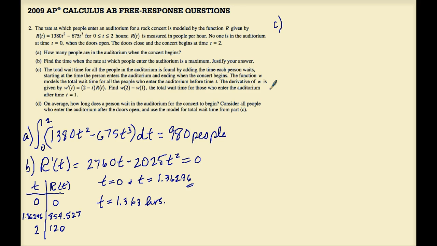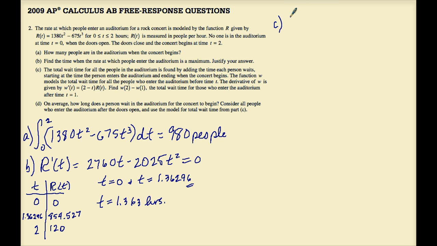The derivative of W is given by W prime of t equals the quantity 2 minus t times r of t. Find W of 2 minus W of 1, the total wait time for those who enter the auditorium after time t equals 1. So integrating this rate function will give us the total wait time of those who entered the auditorium between hours 1 and 2.